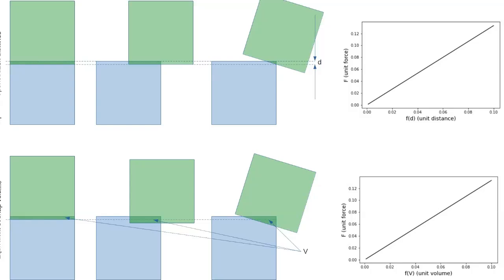In the bottom scenario, what we have there in essence is a constant volume overlap. But what I'm showing you is the penetration distance is vastly different in those three scenarios, although the volume are the same. And so this is just to convince you why we need to move beyond just penetration distance to get deeper and deeper insights.